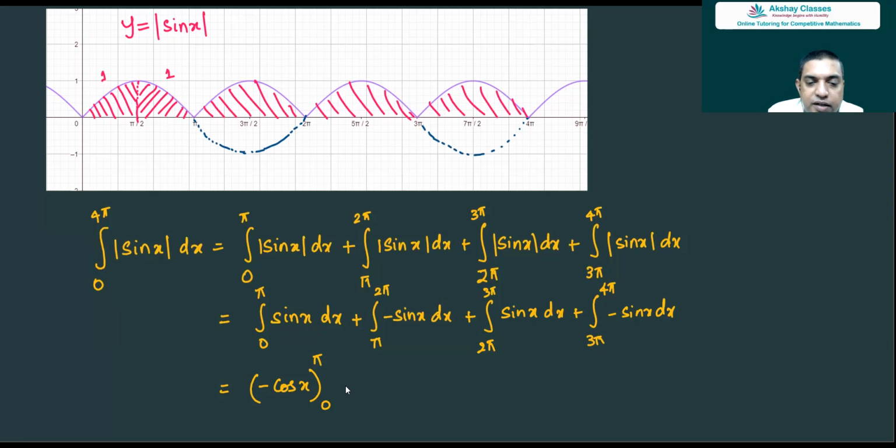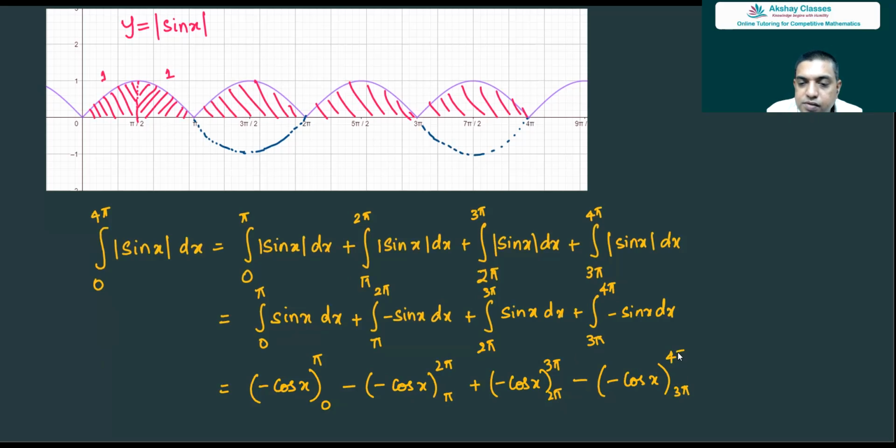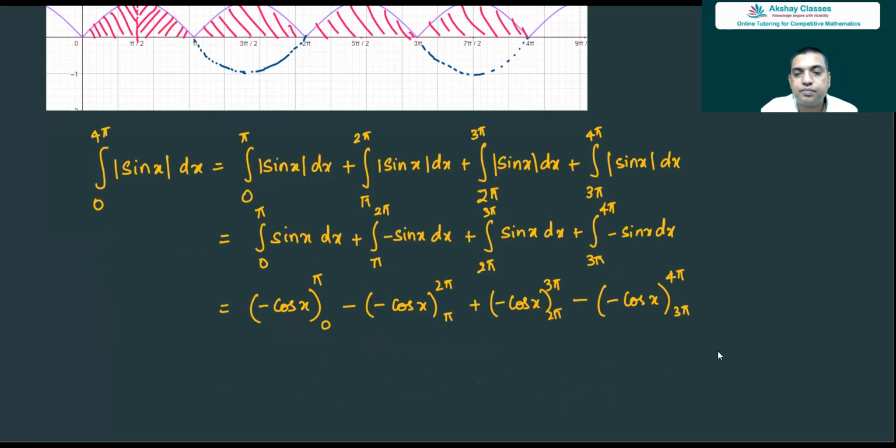So minus cos x from 0 to pi, then minus of minus cos x from pi to 2 pi, plus minus cos x from 2 pi to 3 pi, plus or minus cos x from 3 pi to 4 pi. Okay.